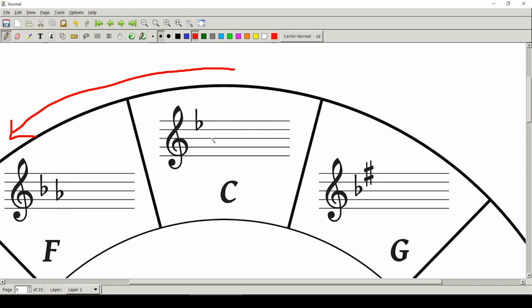Conversely, C has A natural, but F has A flat. So that's going to go down. So for melodic minor, you get situations like we had with triads, where sometimes the smallest voice leading moves in both directions at once.